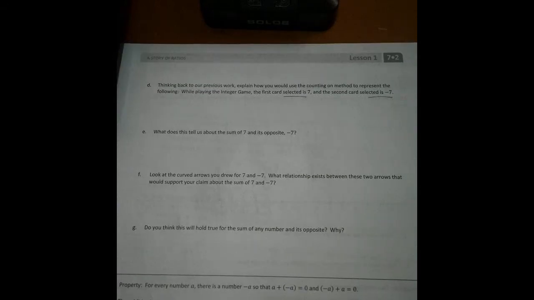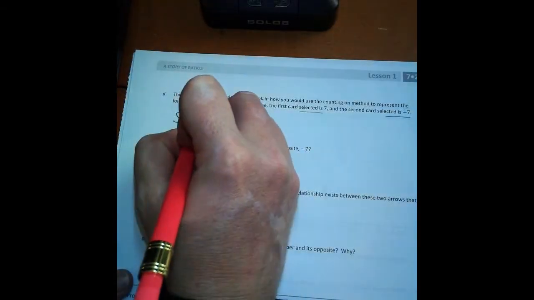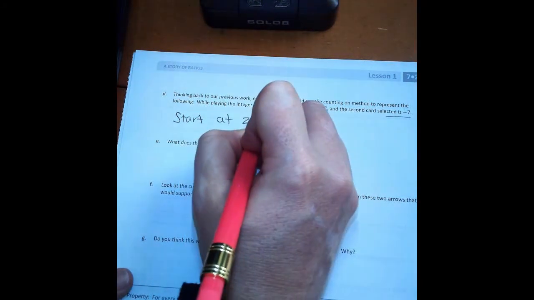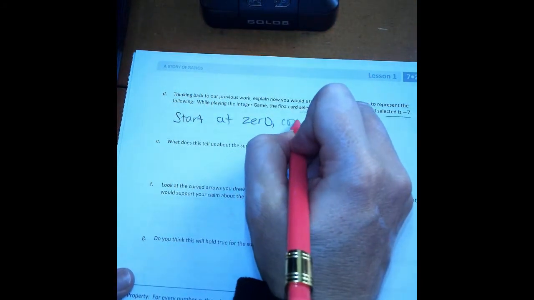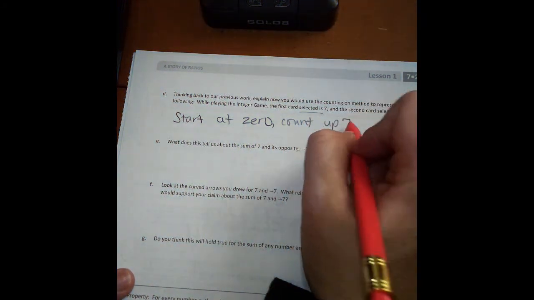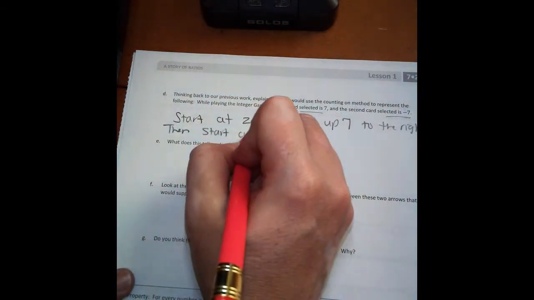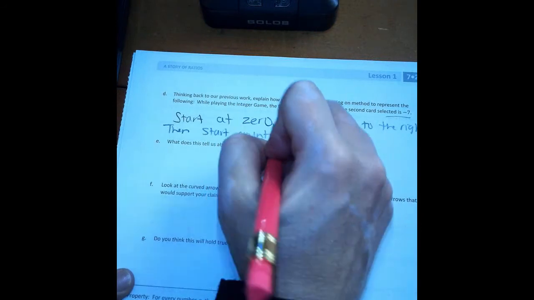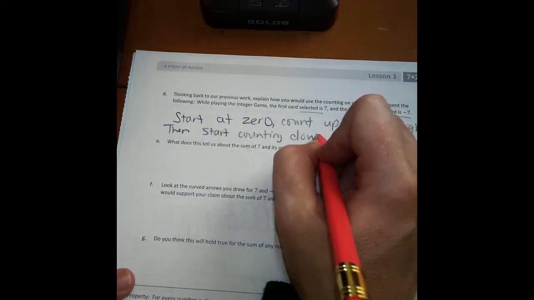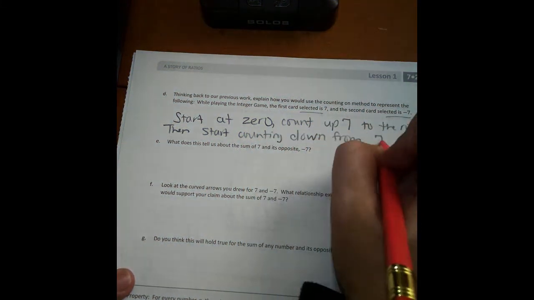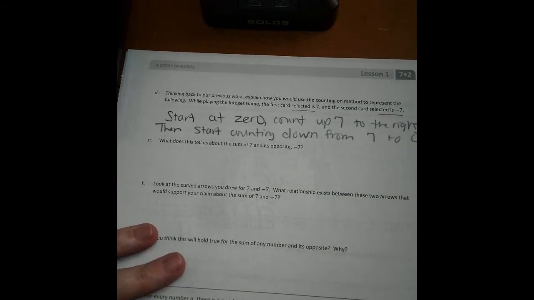So in this case, we would start at 0, count up 7 to the right, then start counting down from 7 to 0.